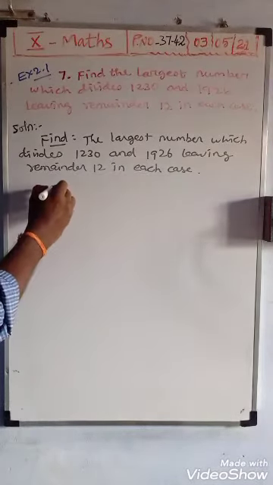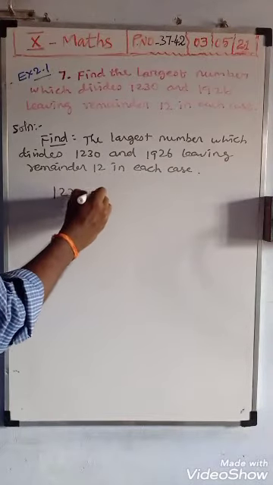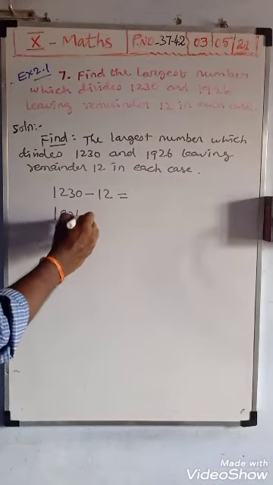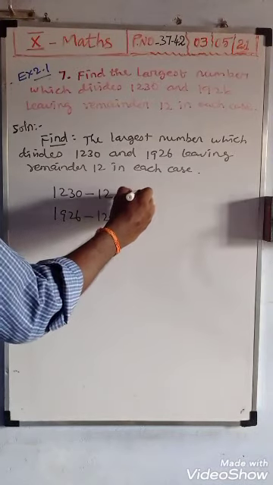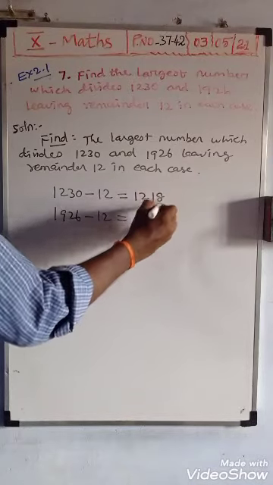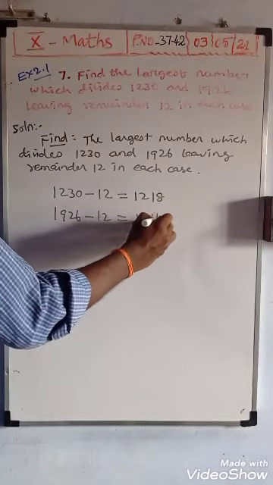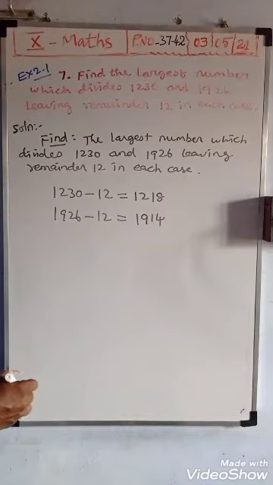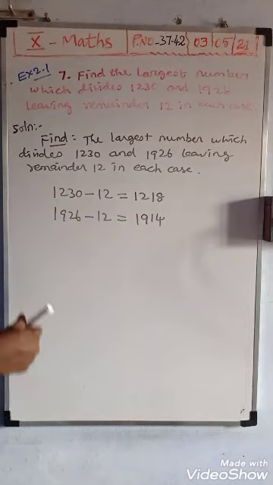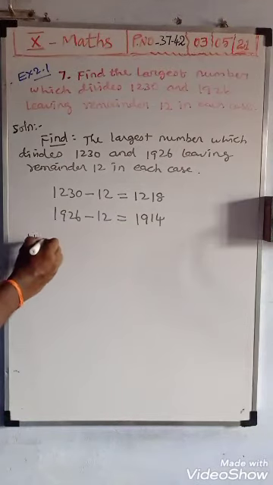First, from 1230 you subtract 12, and next from 1926 you subtract 12. So we will get 1218 and 1914. Now, for these two answers we want to find the HCF. Then only will we receive the answer.